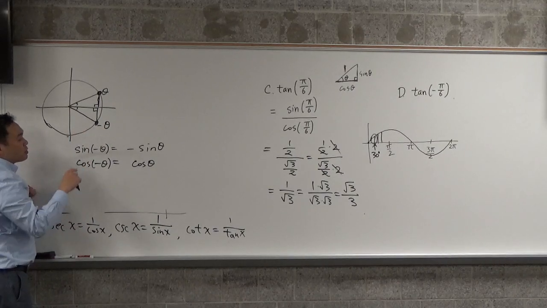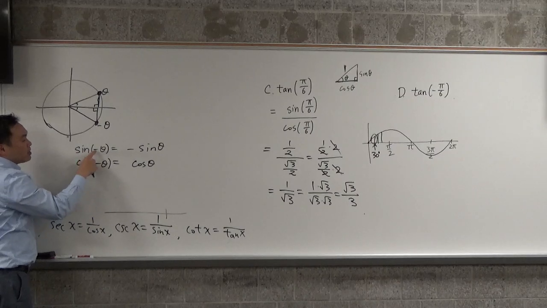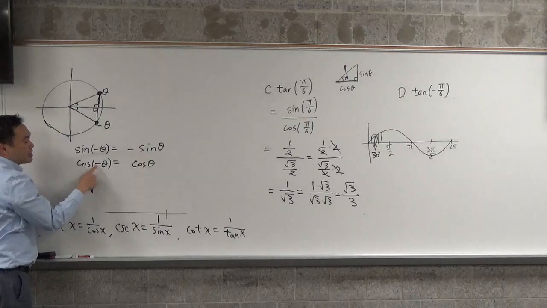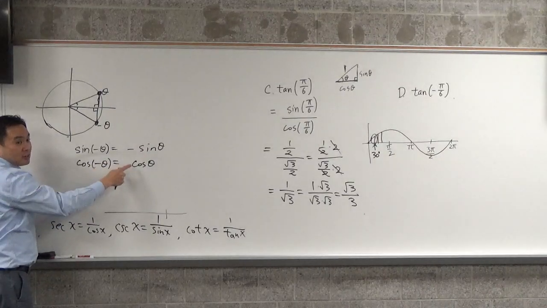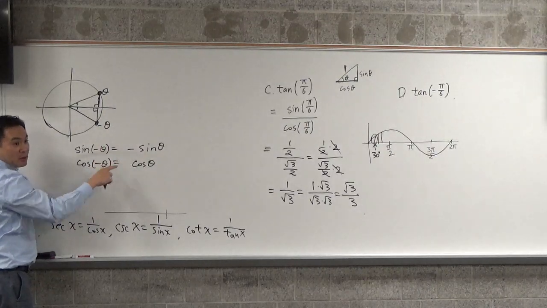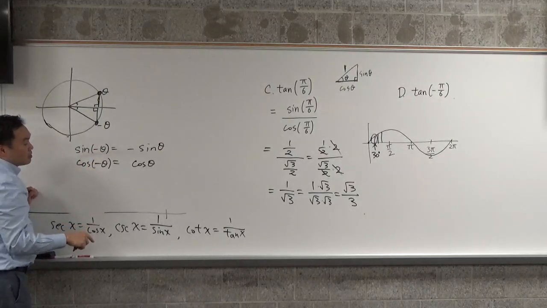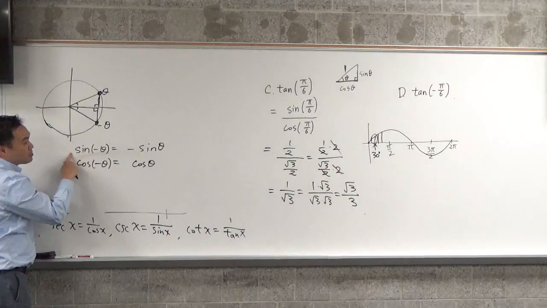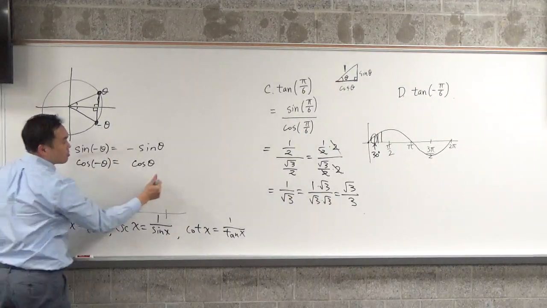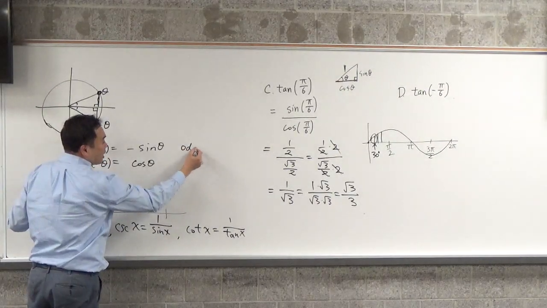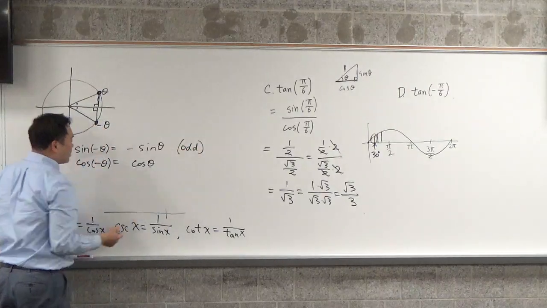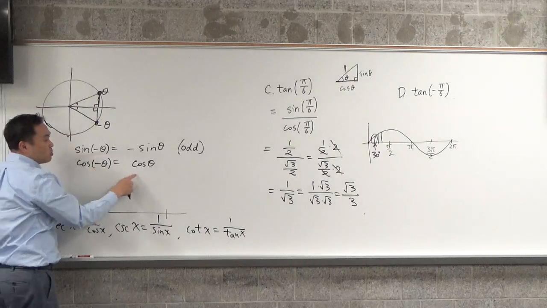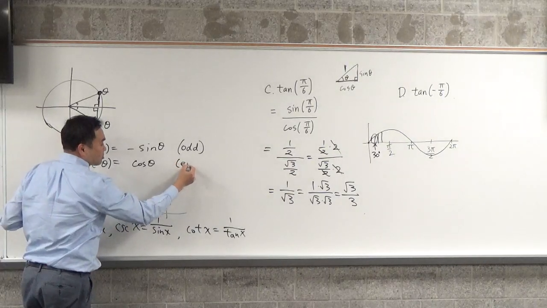So you can see that while for the sine, the minus comes out like that, the cosine eats up the negative sign. They satisfy very different identities. And if you have a function where the minus can be brought outside, such as this, you call such a function an odd function. And if a function eats up the negative sign, you call such a function an even function.